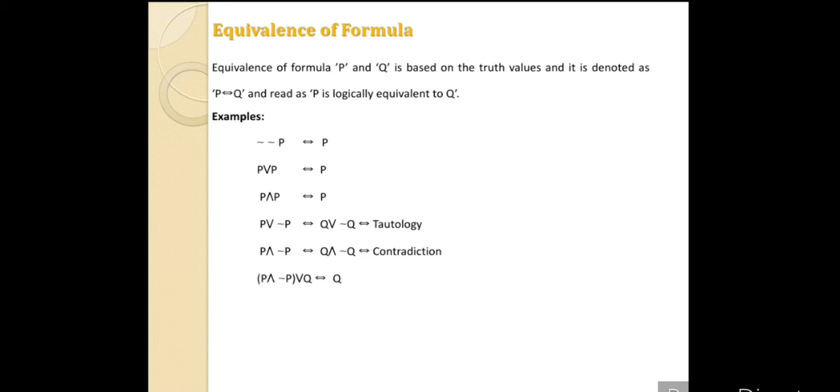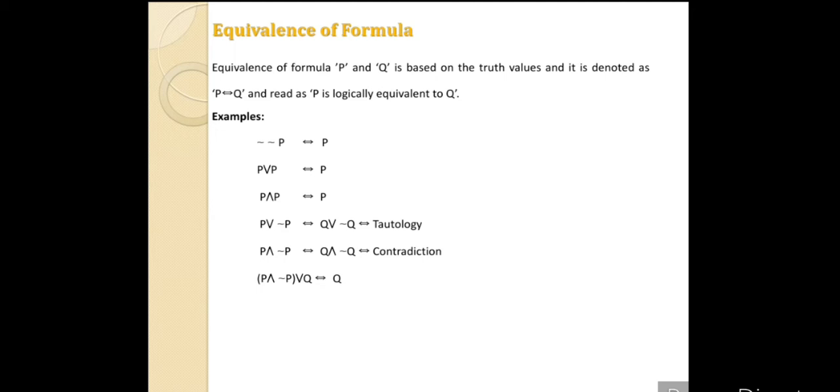If we find out the truth values for the formula P and not P, or Q, then its truth values equal the truth values of Q. Logically also we can see that P and not P, as we have said above, is always false.